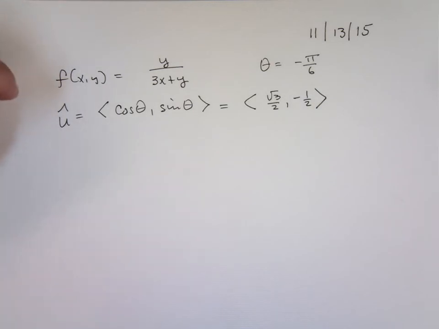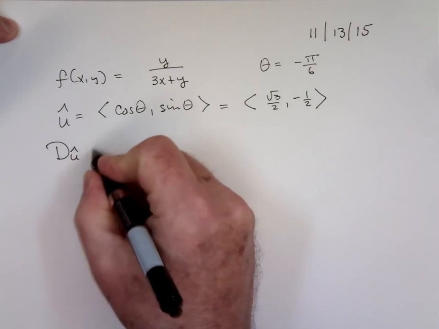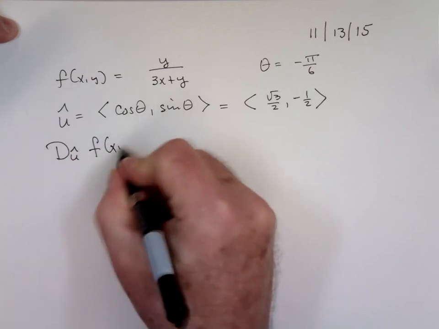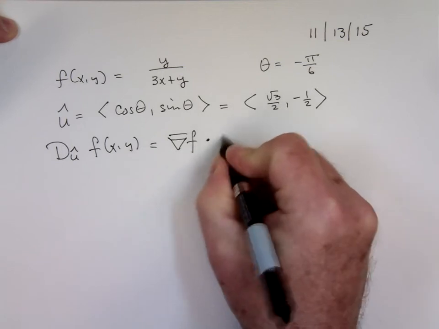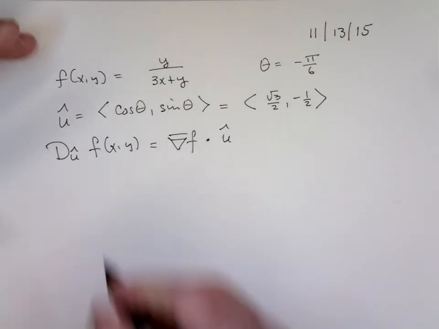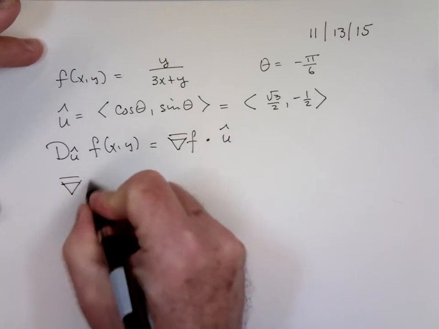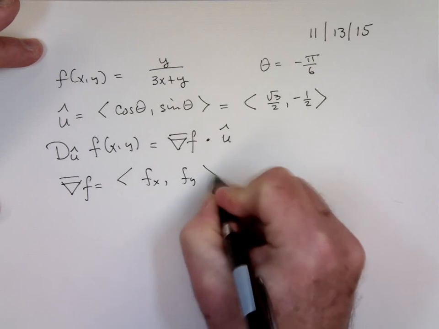Next, we're going to have to find the gradient, because the directional derivative is the dot product of the gradient of our function with our unit vector u. So we're going to have to find the gradient: partial with respect to x, partial with respect to y.